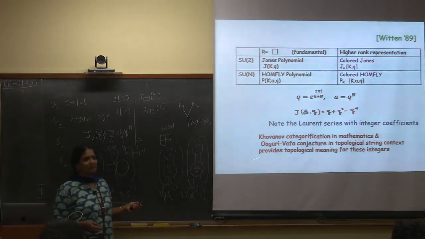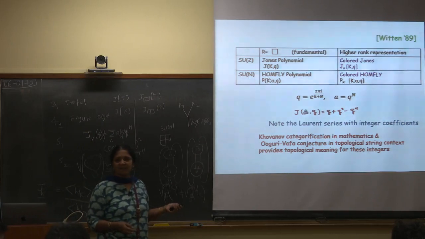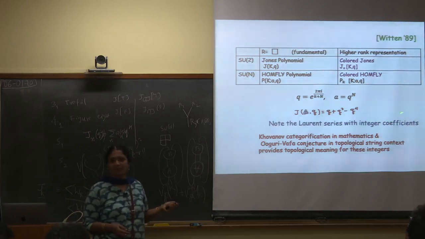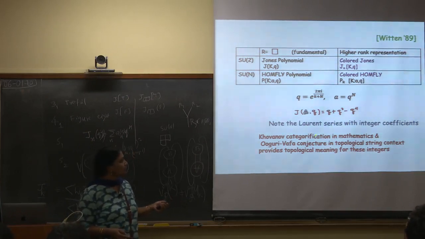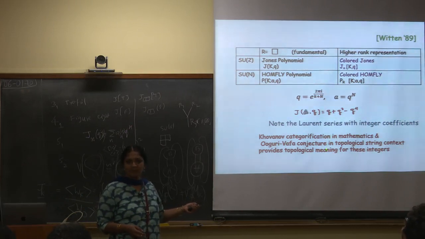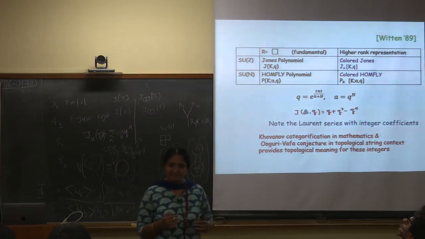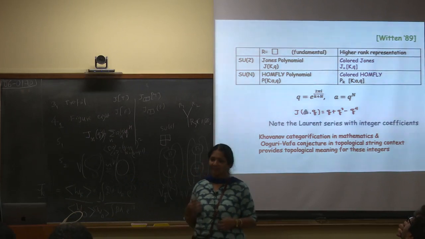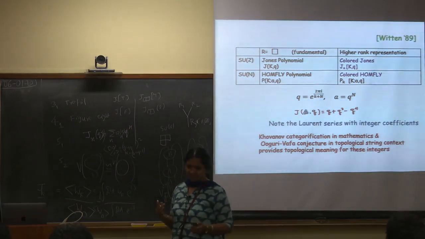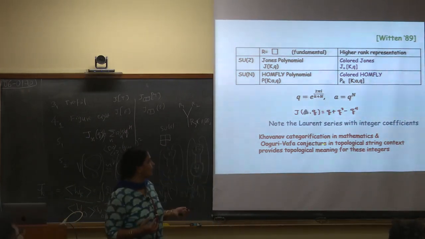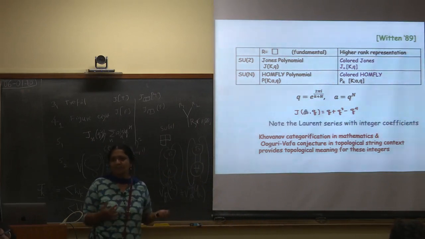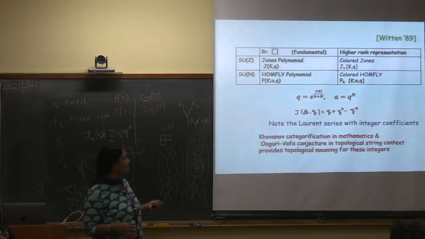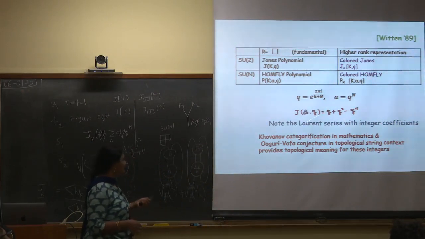Both the mathematician side and the physicist side have been trying to get some insight on why this is happening. The mathematician Khovanov had this categorification program. Categorification is nothing but adding one more extra dimension, which gives you one more variable. Instead of q, you will have q and t, two variables. And then he tried to write the series.